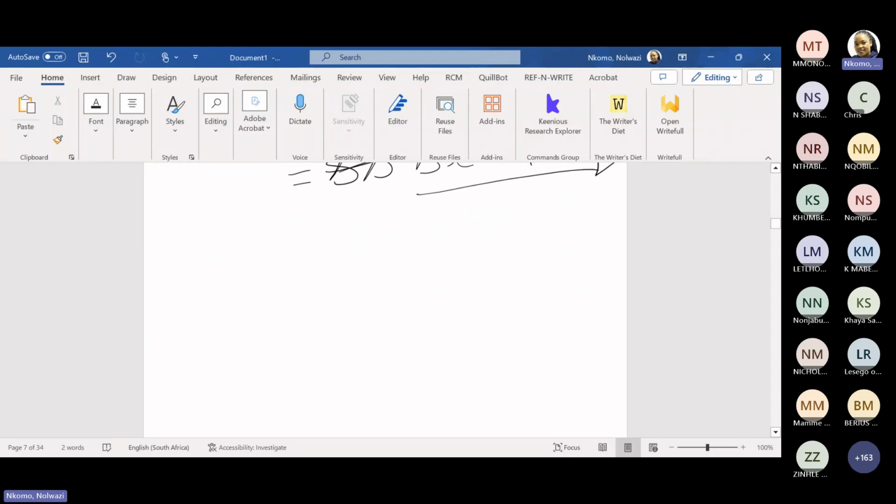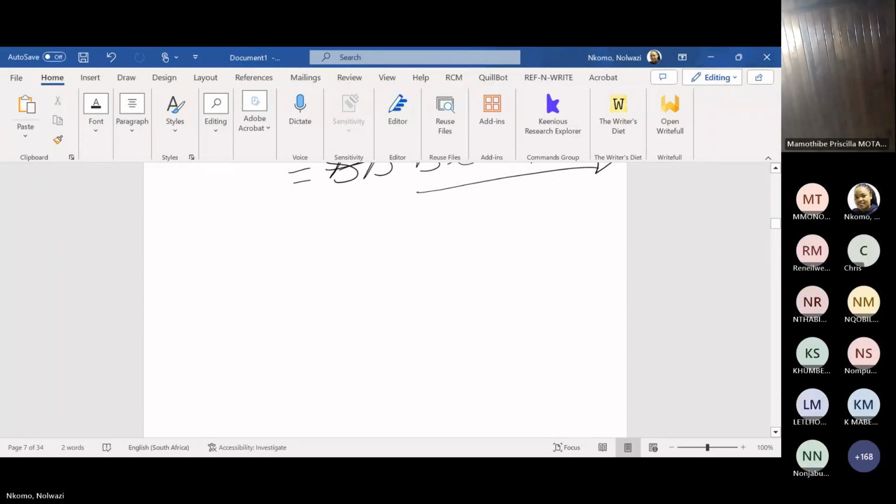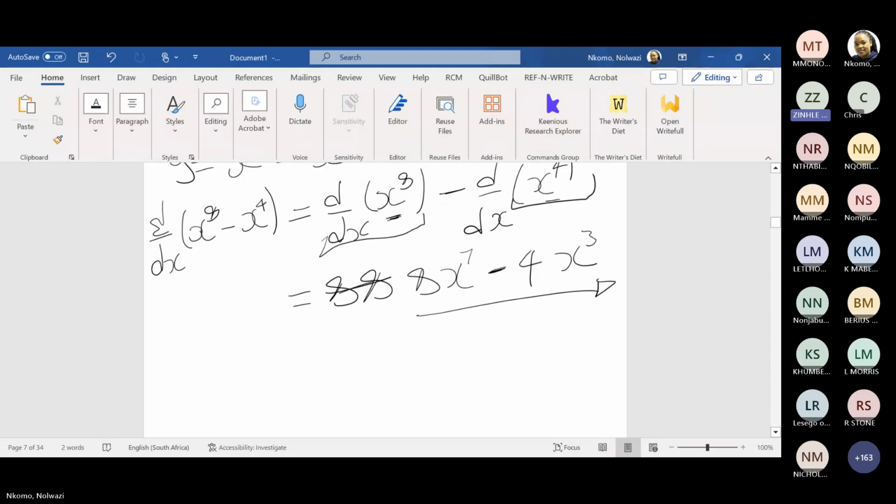Sorry, miss. The only difference between rule number 4 and 5 is the sign, because I've noticed that rule number 4 is positive. Is it my network or what? We can hear you, ma'am.